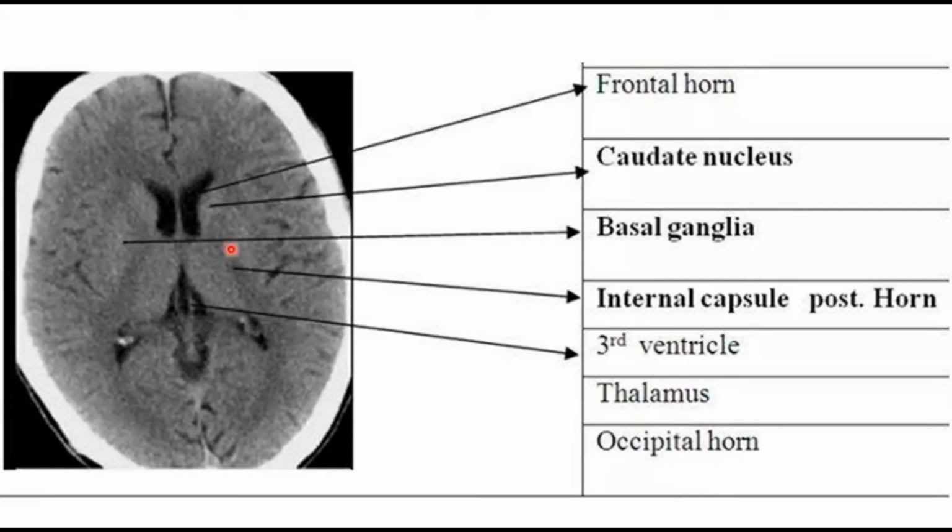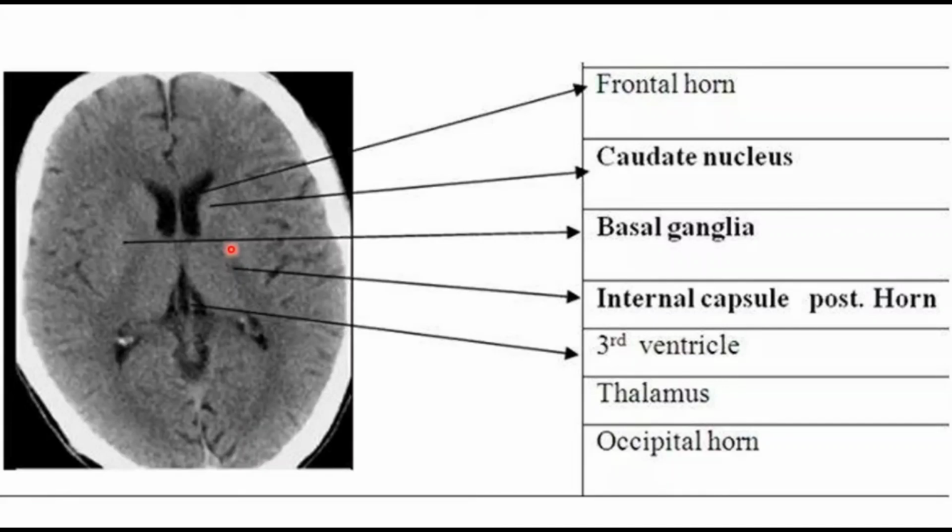The basal ganglia is visible, indicating this lentiform nucleus, and you can appreciate the internal capsule. It's posterior to the horn. The third ventricle can also be seen there. Thalamus is visible, and occipital lobe is clearly identified.